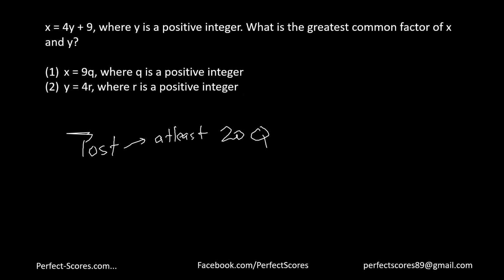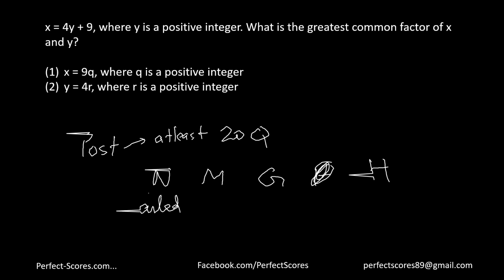And typically what I ask students is to categorize the question in NMGFH. So you nailed the question: you just solved it correctly, completely, in the most efficient way. Did you miss the answer? Was there just a small issue with your strategy, and you just missed it? Or did you guess the answer? Did you just make a guess, or do you actually need some help to solve it?